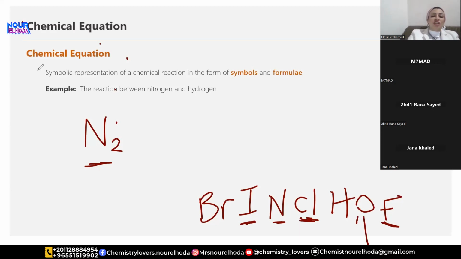But oxygen is not in group 7, and it's diatomic. Hydrogen is not in group 7 and it's diatomic. So not only halogens are diatomic; we also have oxygen, hydrogen and nitrogen. Nitrogen is not in group 7.